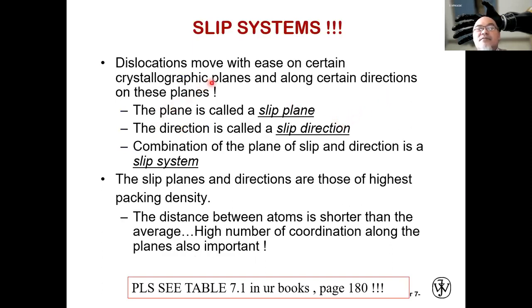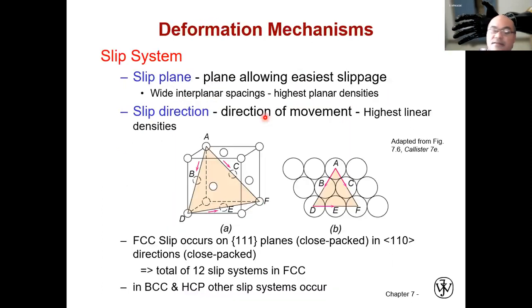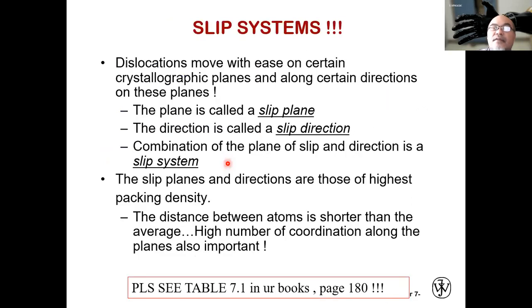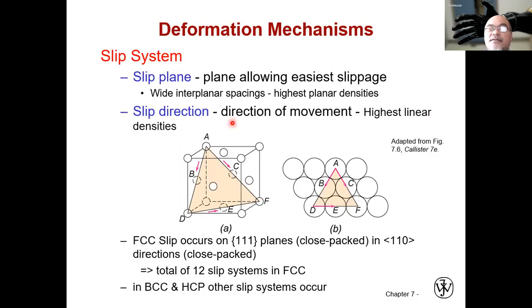Dislocations move with ease on certain crystallographic planes and along certain directions on these planes. The plane is called the slip plane, like this one, the 111 plane. The direction is called the slip direction. In this case, the direction of the slippage could be here, ACF or 110. Another one is also here, the 110 direction, ABD, or along this DEF.